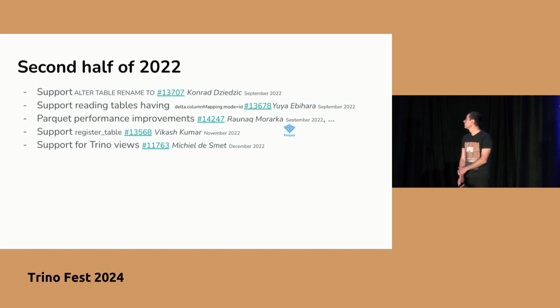The second half of its first year in open source showcased also this increase in interest. People who were using DBT Trino were somehow motivated to be able to rename temporary tables, and this has led to the addition of the support for alter table rename.